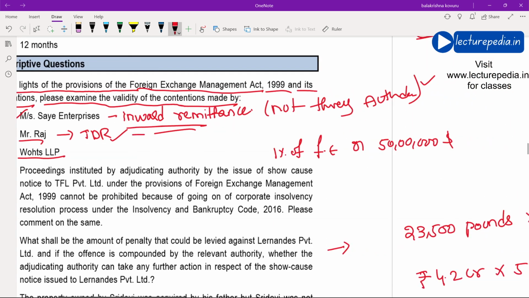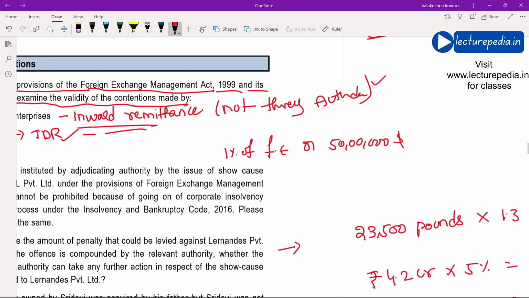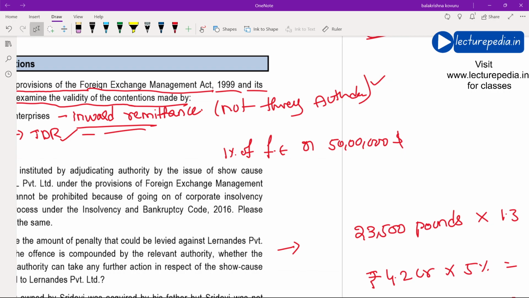The maximum donation that can be given is 1% of the foreign exchange earnings or 50 lakh dollars, whichever is higher. If you observe in the case study, the foreign exchange earnings were 75 lakhs.